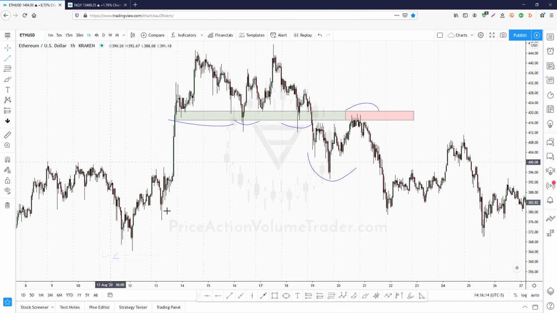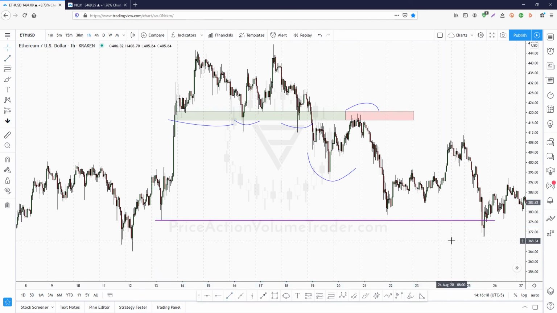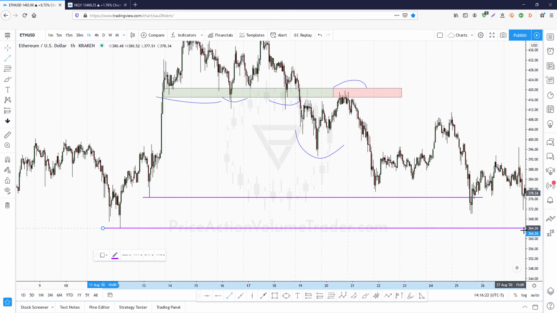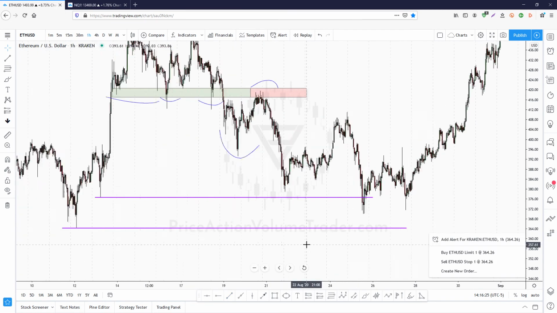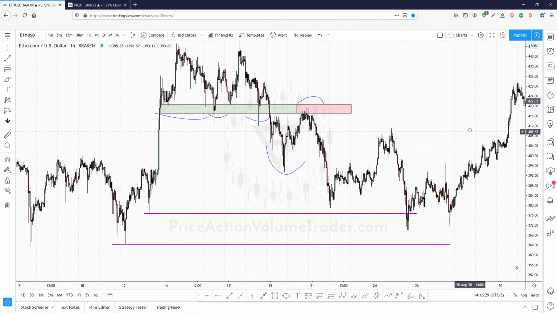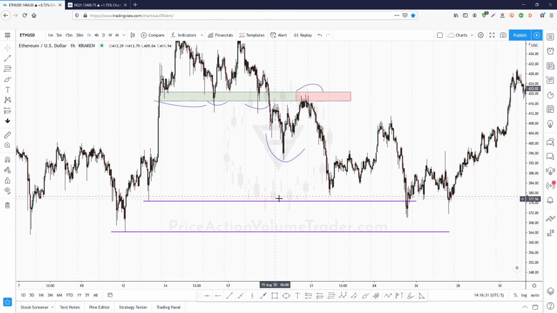So you can just target previous lows and put your targets at these levels here, which we can see we didn't come all the way down into this one, but we did hit this level over here.